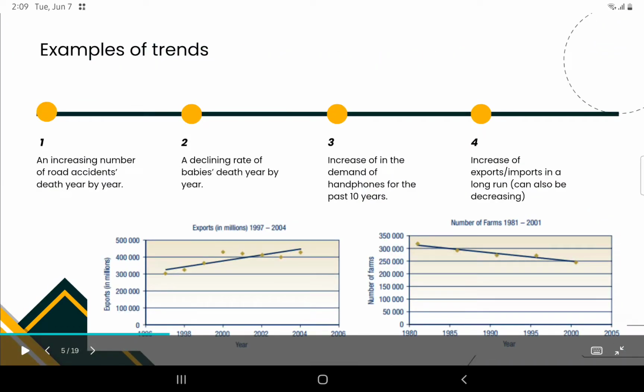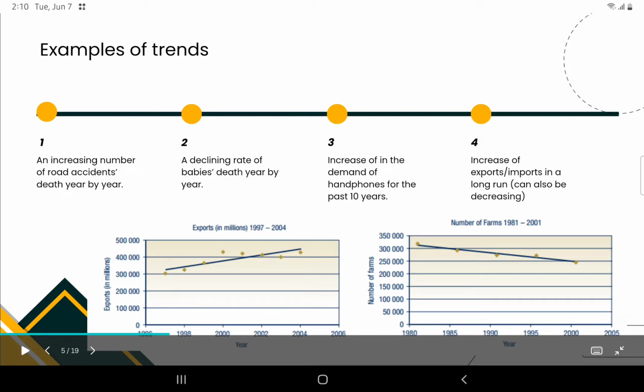An example of the trend is the increasing number of road accident deaths by year, or the declining rate of baby deaths by year, the increase in the demand for handphones for the past 10 years, and the increase or decrease of imports and exports in the long run. These are examples of the trend.